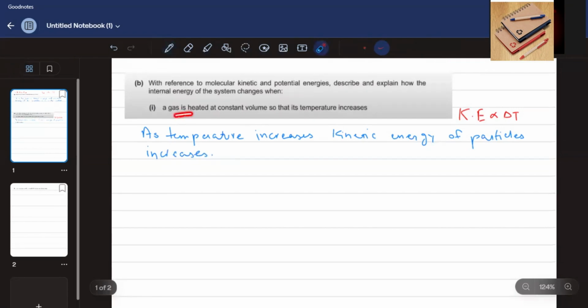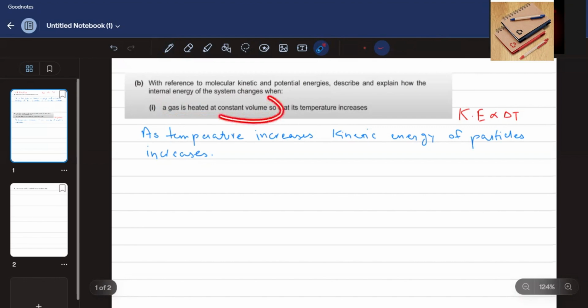Now it says that a gas is heated at constant volume. So constant volume means there is no change in separation between the particles. And as you already know, potential energy directly depends upon the separation or the distance between the molecules.